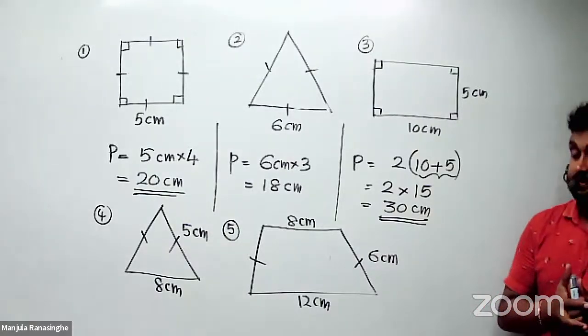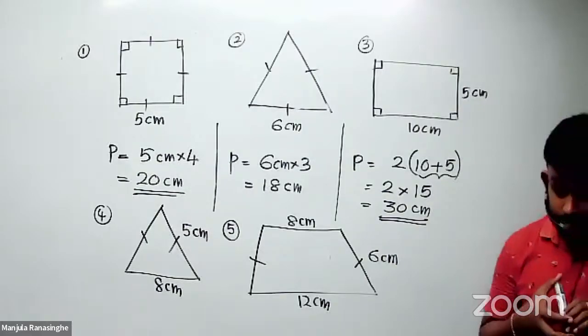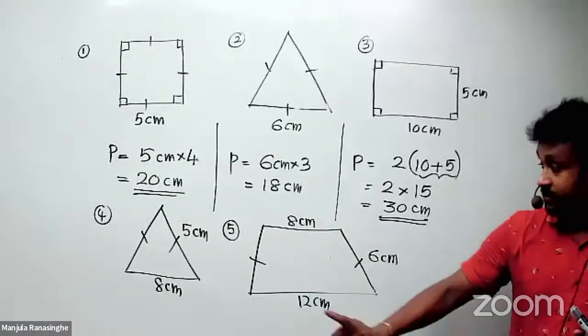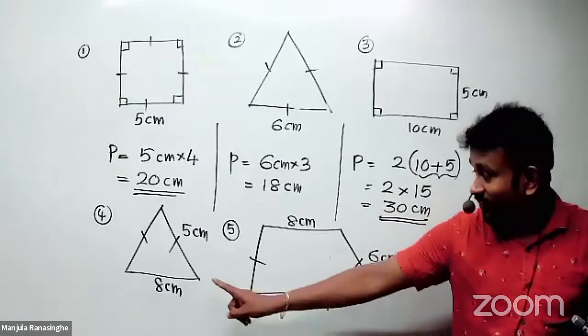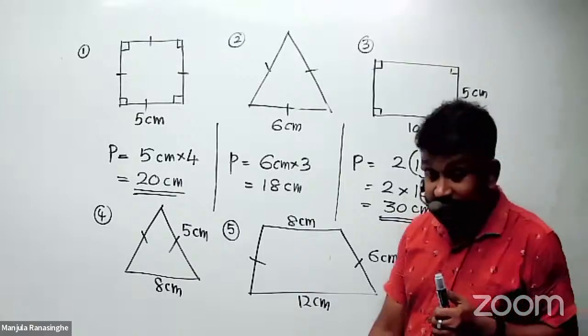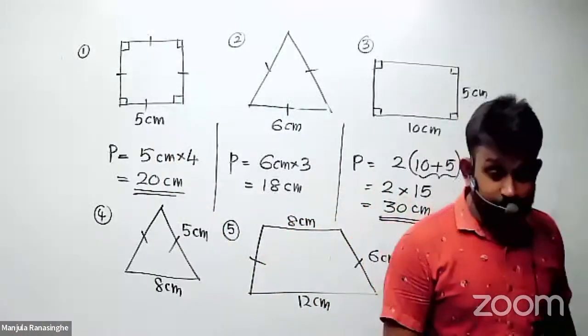So the perimeter lesson we are discussing now. Done, sir. Okay. So finish. You can send the answers to me in chat. We'll see. For the fourth question and fifth question, we'll check the answers. Okay, thank you.